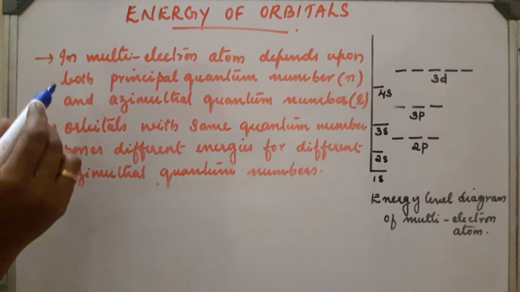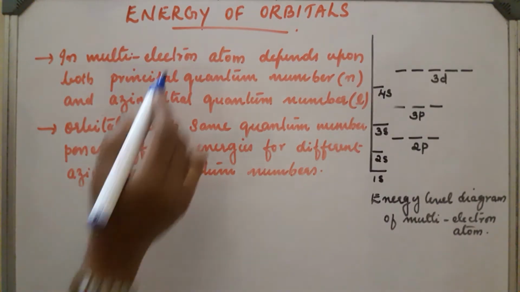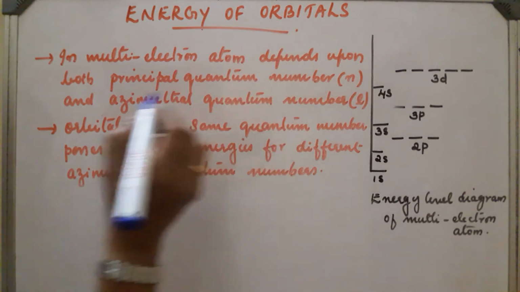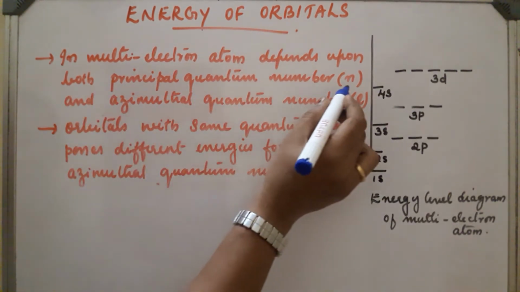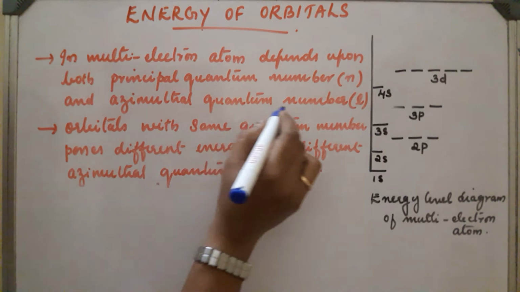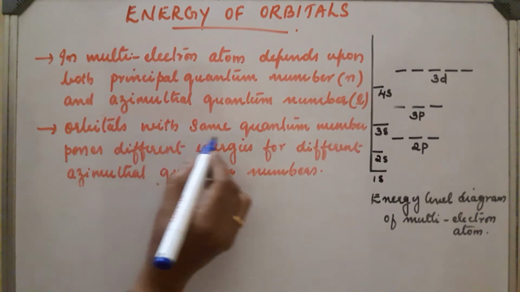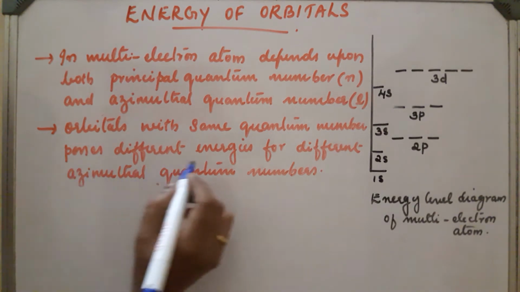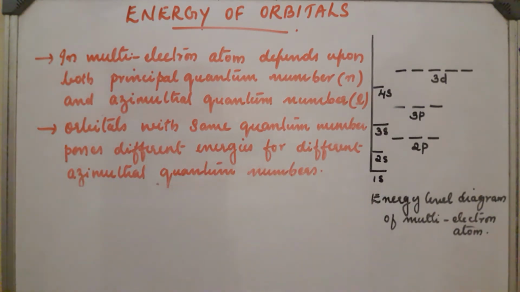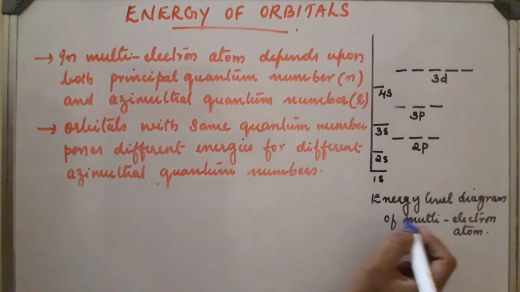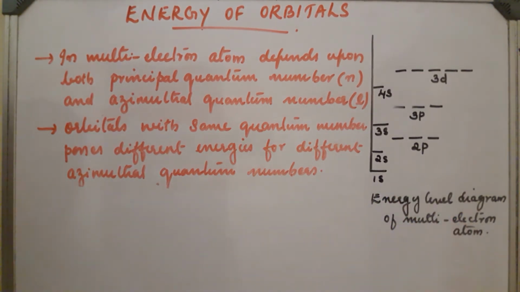In the case of a multi-electron atom, the energy of orbitals depends upon both the principal quantum number n and the azimuthal quantum number l. That is, orbitals with the same principal quantum number possess different energies for different azimuthal quantum numbers. So this is the energy level diagram of a multi-electron atom.